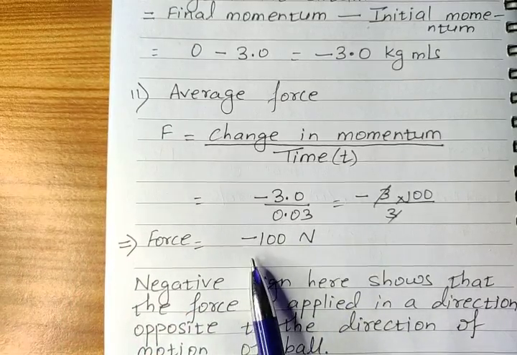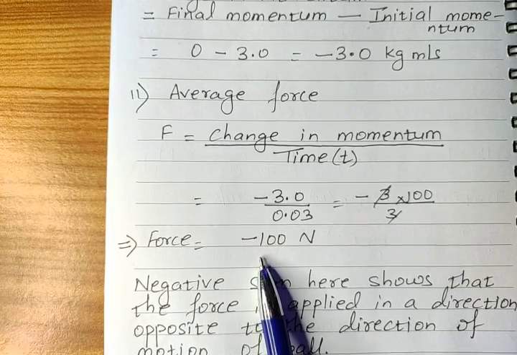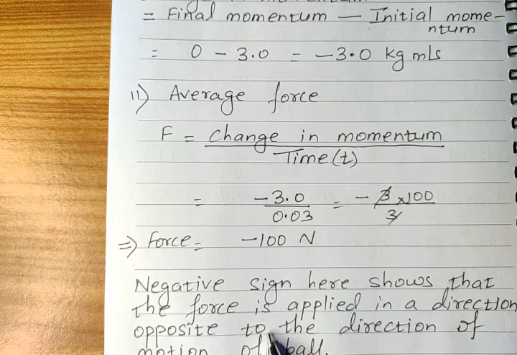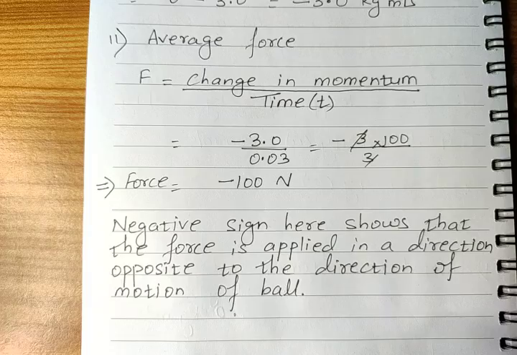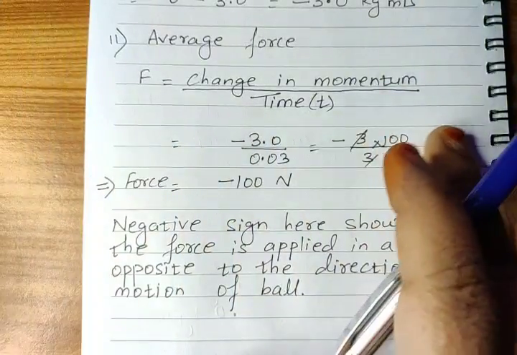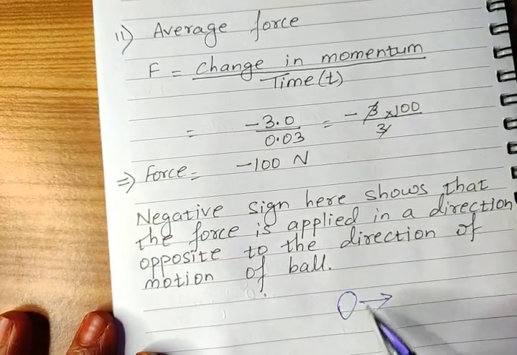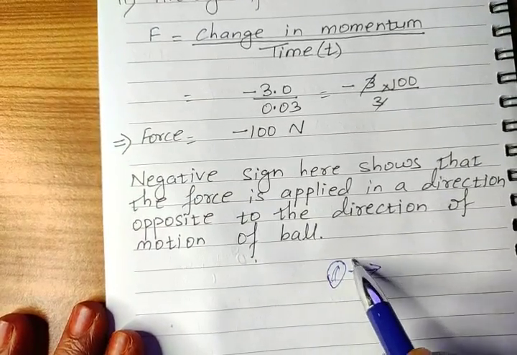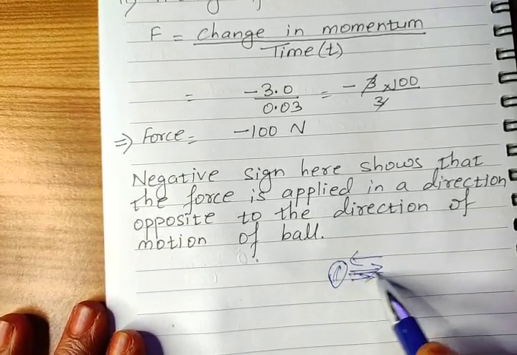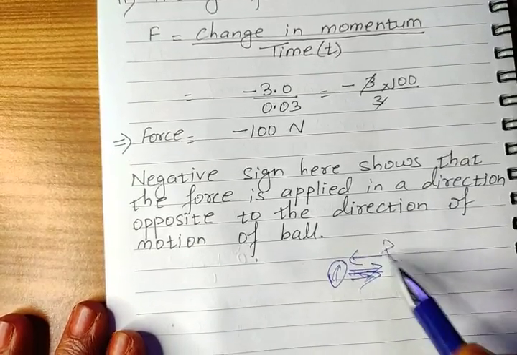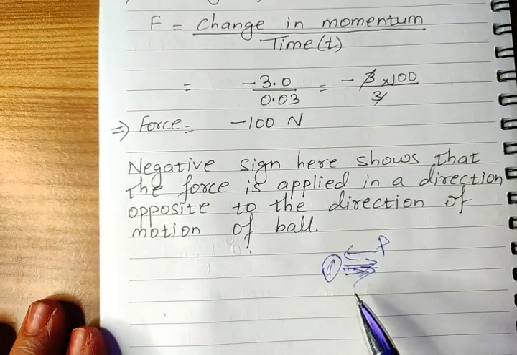Here, children, don't get confused about the minus sign, because force is not negative. The negative sign shows that the force is applied in a direction opposite to the direction of motion of the ball. Suppose the ball is moving this way, then the force is applied by the player from the opposite side.